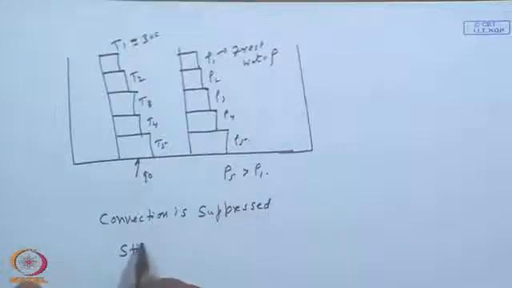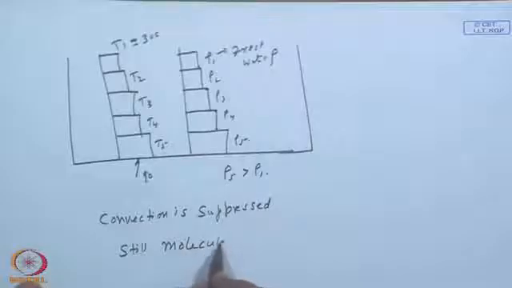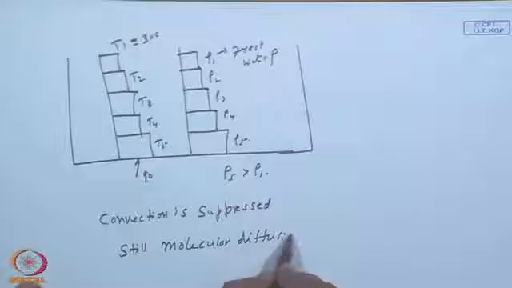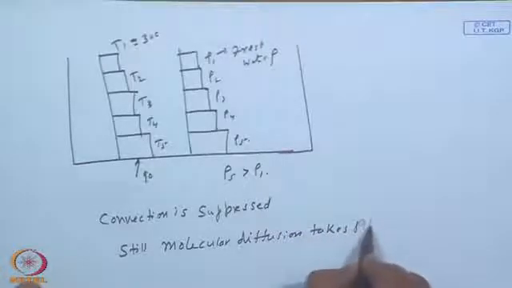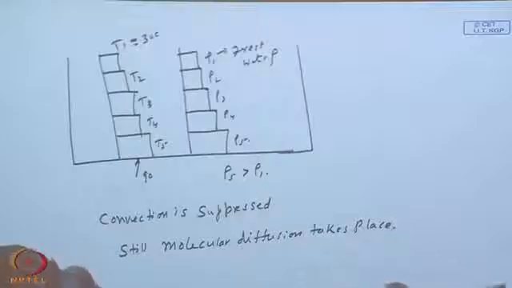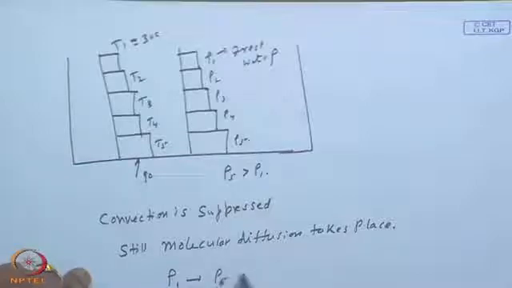Still molecular diffusion takes place. Okay? So, again rho 1 to rho 5 tends to be uniform.